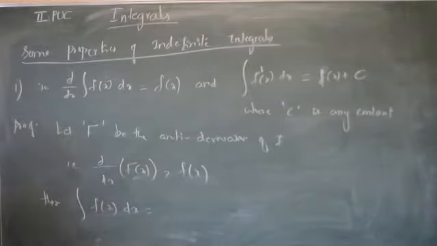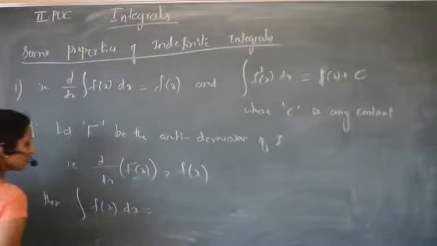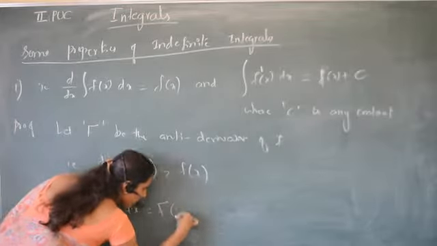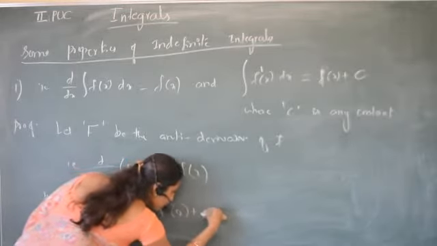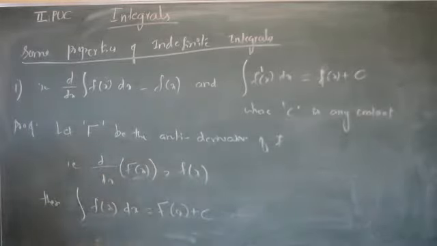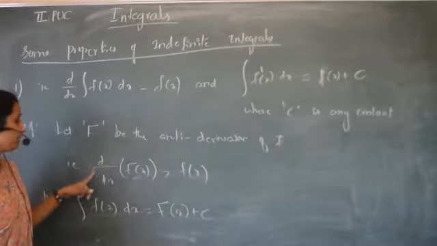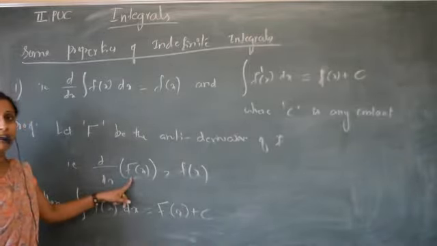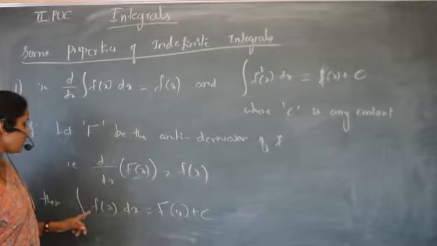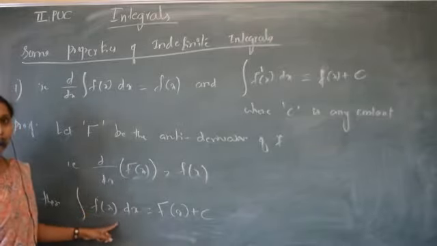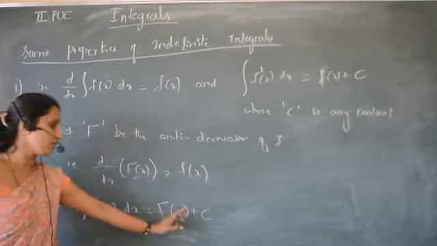Usually we write the integral of f of x dx will be equal to F of x plus c, where c is any constant. Here F is the antiderivative, so when we find its derivative, we get the function itself. And we know the integral of f of x is F of x plus c.